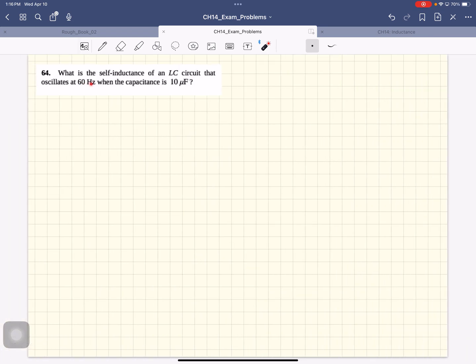This says, what is the self-inductance of an LC circuit that oscillates at 60 hertz when the capacitance is 10 microfarad? You guys learned that. Here's a circuit that oscillates. This is your basic tuning circuit, remember?